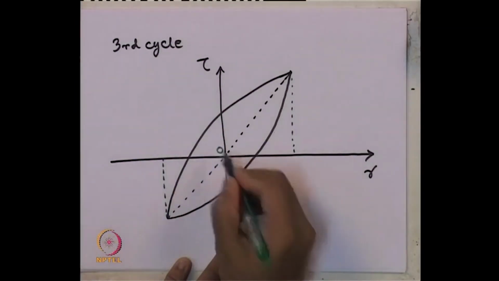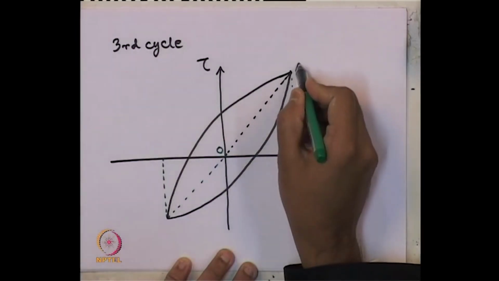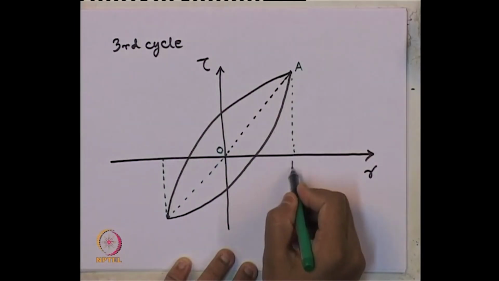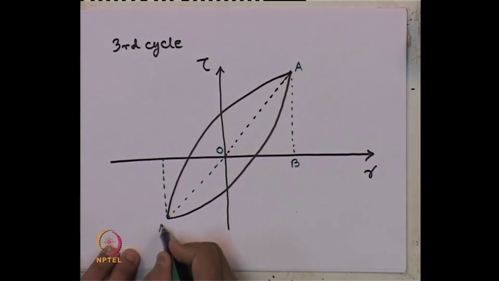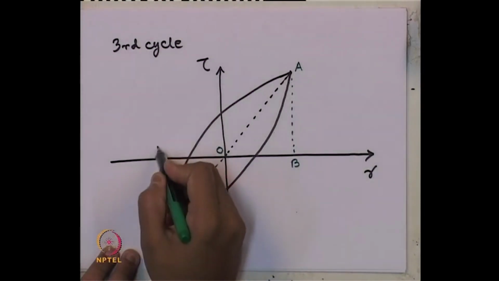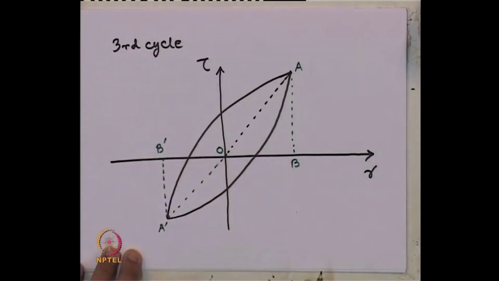Let us say this is the origin, this point is say A, this is B, this is A dash, this one is B dash.